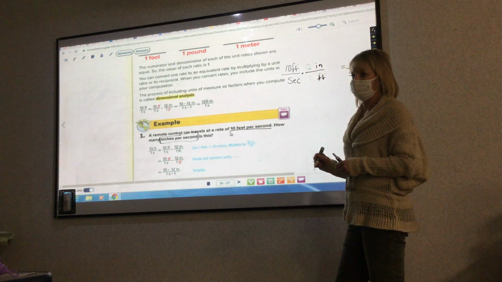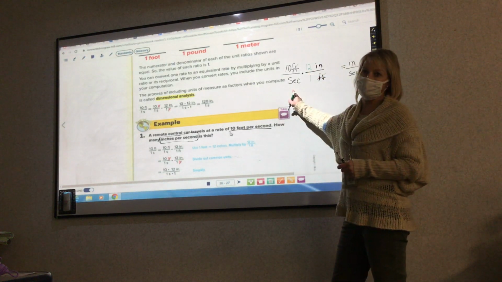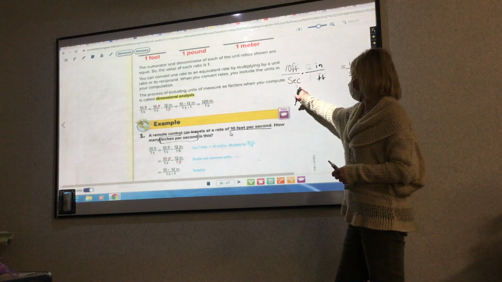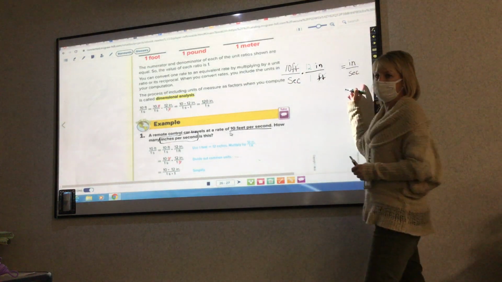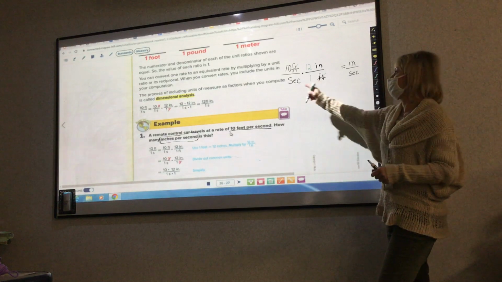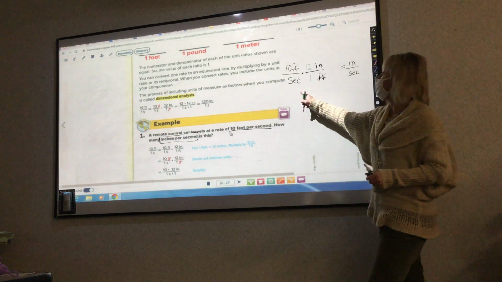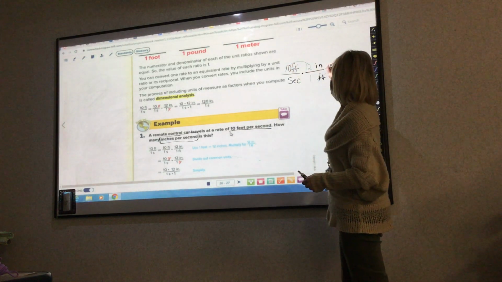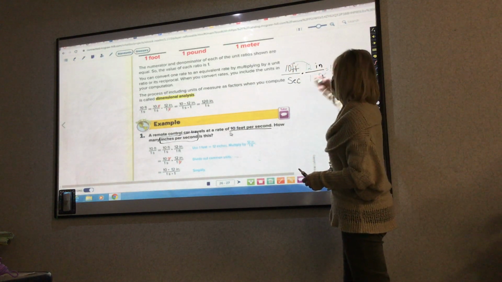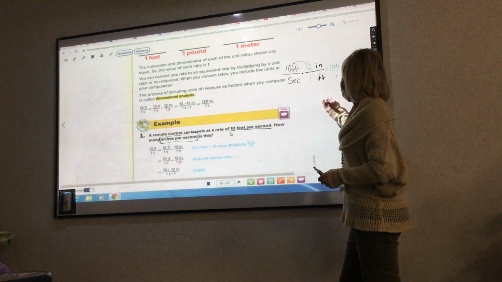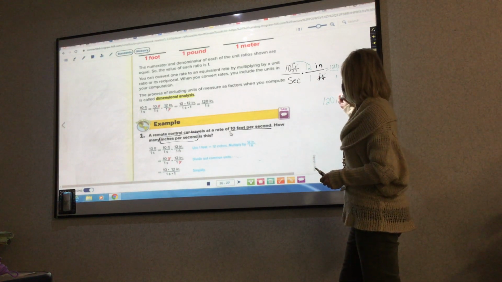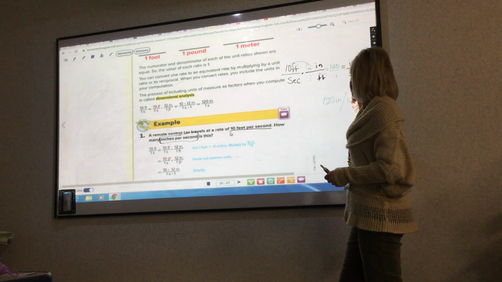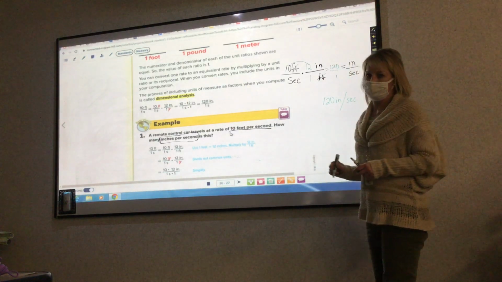Now my bottom is saying that it's feet per second. Do I want seconds at the end? Yes. So do I have to change anything with seconds? No. And then this is just a multiplication problem. 10 times 12 is 120, and then 1 times 1 is just 1. So it'd be 120 inches per second.